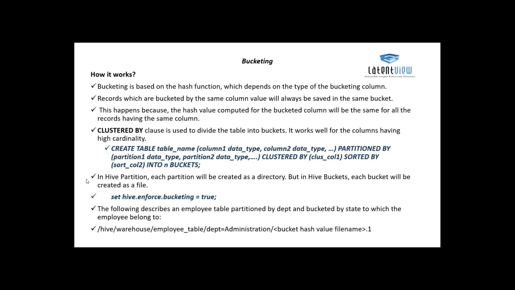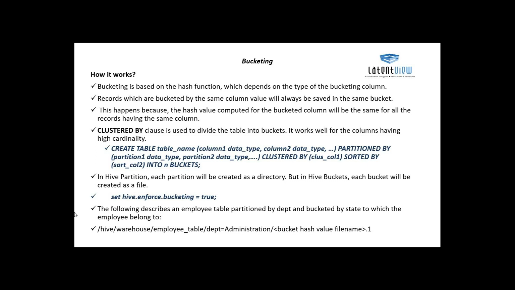This is bucketing. Your partitioned columns will be directories, and your bucketed columns will be stored as hash file names. The last line of the slide shows department equal to administration. That is a partitioned column, which will be a directory, and inside that directory there is a bucket hash value file name.